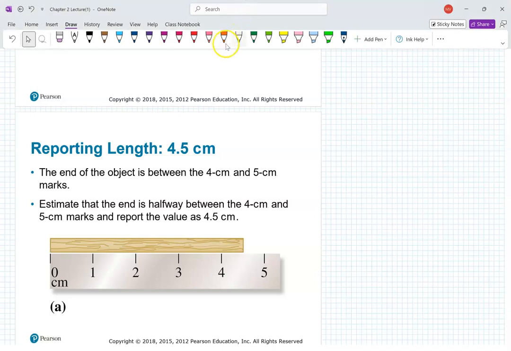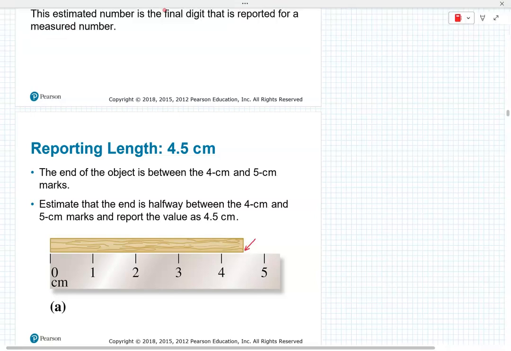So you say that the length of the object you are measuring, considering what type of tool you use, is 4.5. This 0.5, are you sure that it's 0.5? Not really. So it's estimated, right?